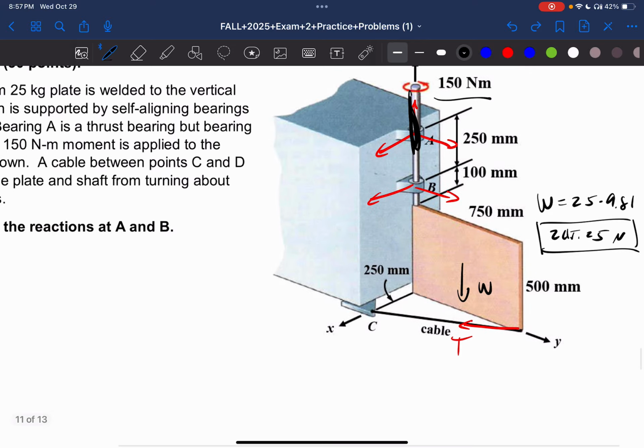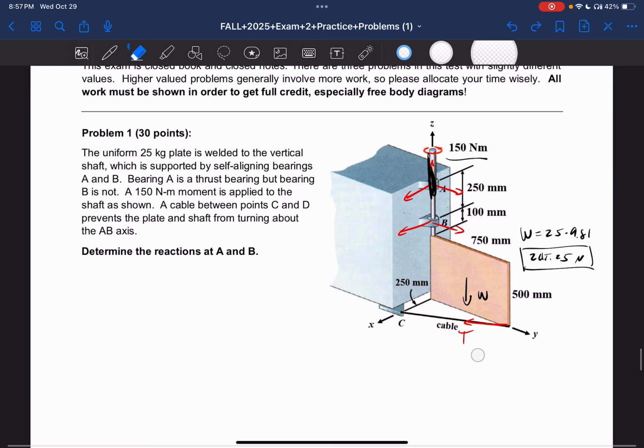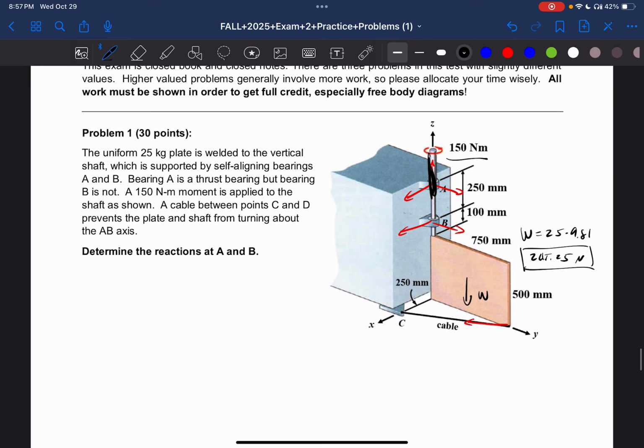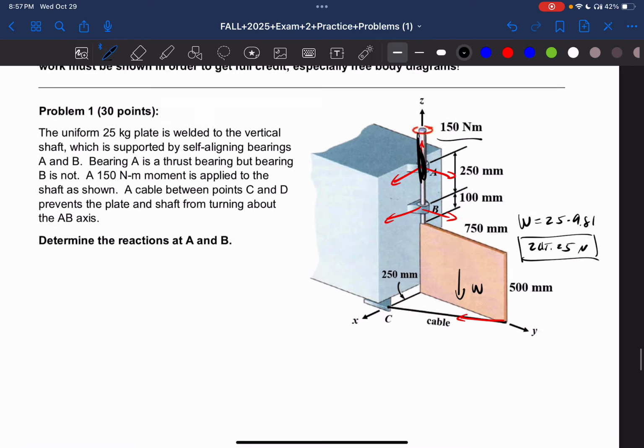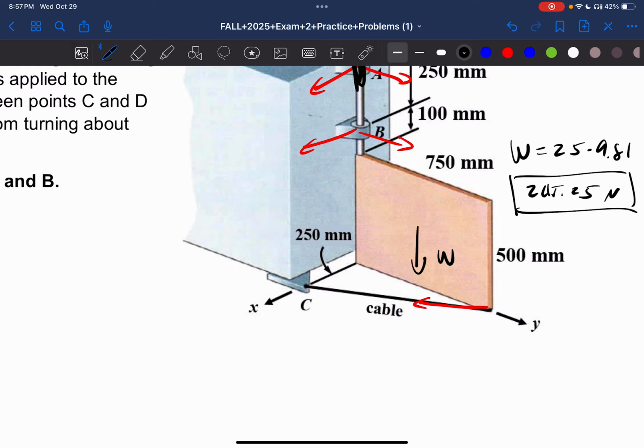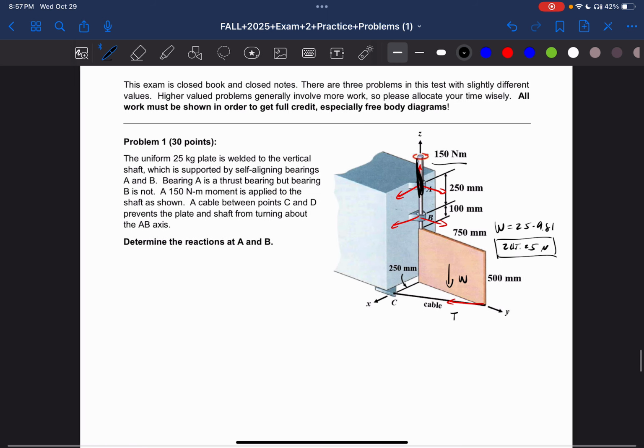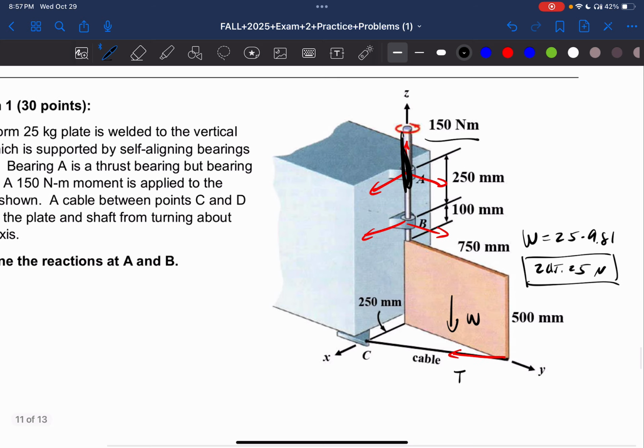Let's call this force. Is that right? I think that's right. Yeah, let's call this tension, because the only one that's not known is this, and that's the only thing other than this that's going to cause moments about the z-axis.